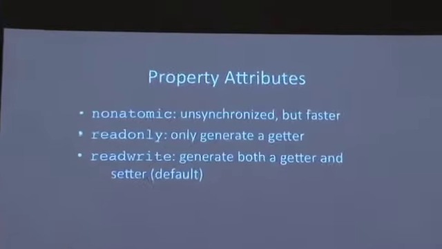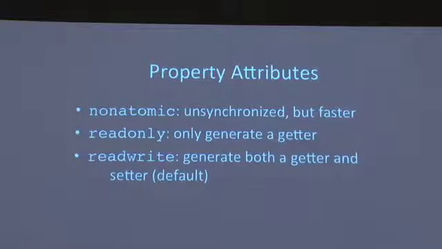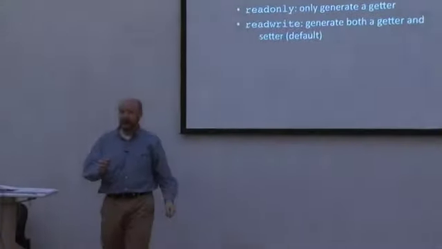All right, so I mentioned properties have these different attributes. Some of the key ones that we'll be looking at are nonatomic. So a property can either be nonatomic or you just don't specify it. Atomicity is essentially whether multiple things will try to access the same value at the same time, potentially.